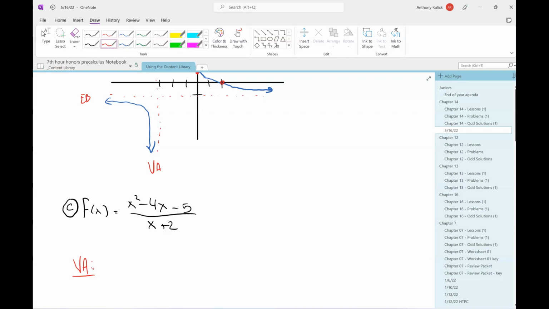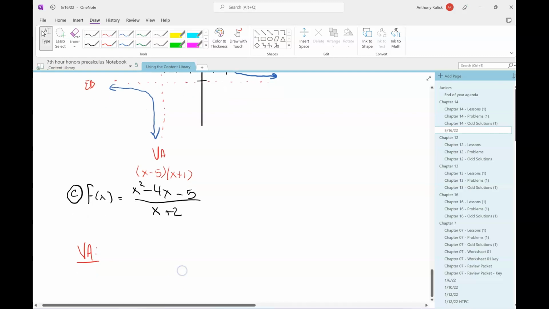It's not as obvious just looking at this by inspection that it will or will not reduce. So I will factor the numerator. The two things that multiply to give me -5 and add to give me -4 are -5 and +1. If I look, no reducing possible here, so we're good to proceed.